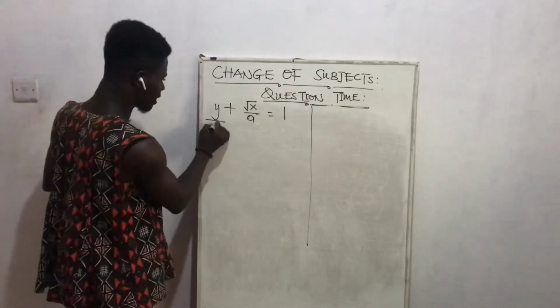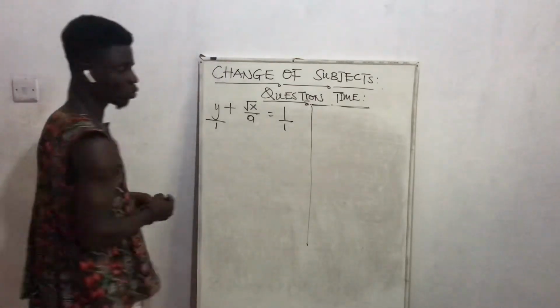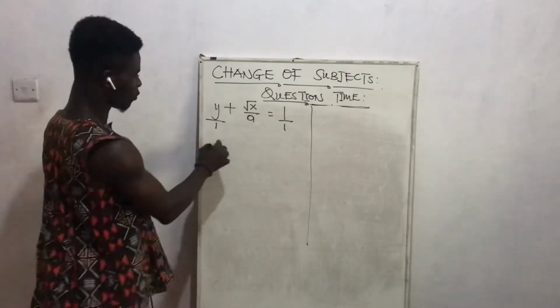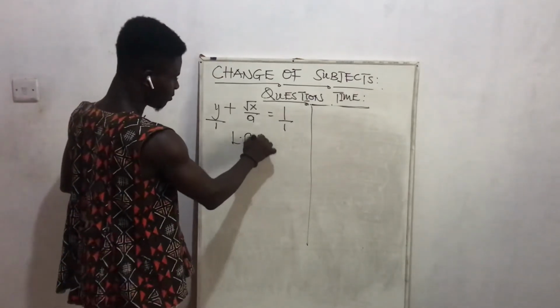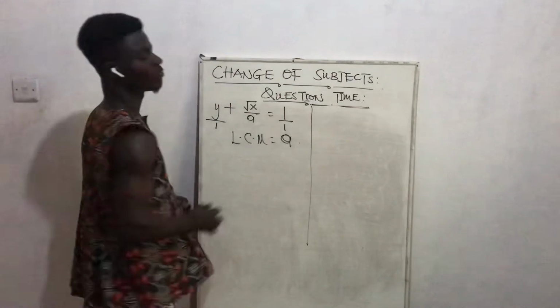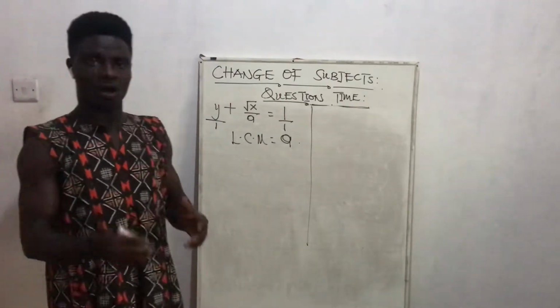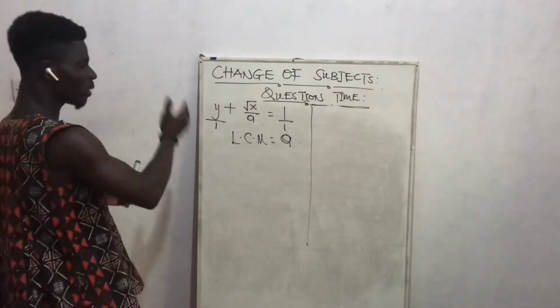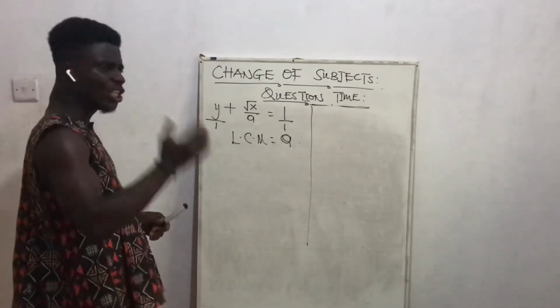This one, the divisor is 1. The divisor is also 1. So what do we do here? We take the LCM. So the LCM here is A, variable A, letter A. So we multiply it by each term.